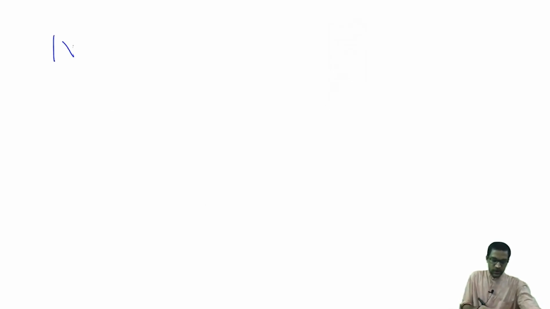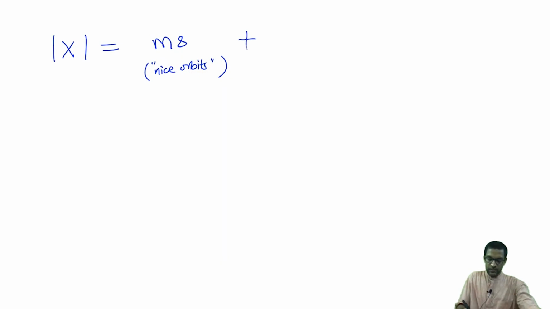So observe now the cardinality of X is, first it is ms, so these come from the nice orbits, left cosets of Sylow subgroups and so on, plus these other orbits. So these sum of cardinality of orbits O_i. So let me just call it O_i for now, where what is O_i? O_i's are these not so nice orbits, if you wish, whose cardinalities are divisible by P.